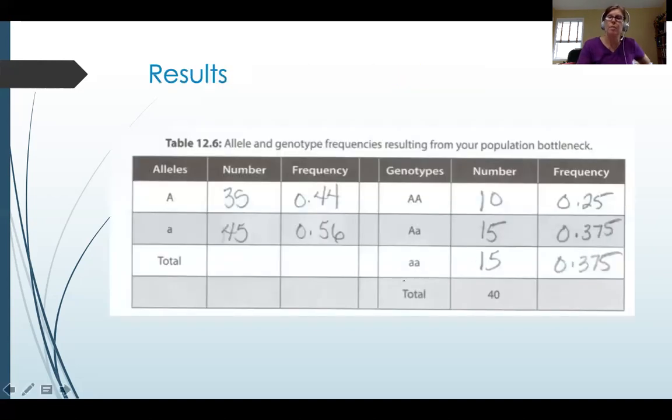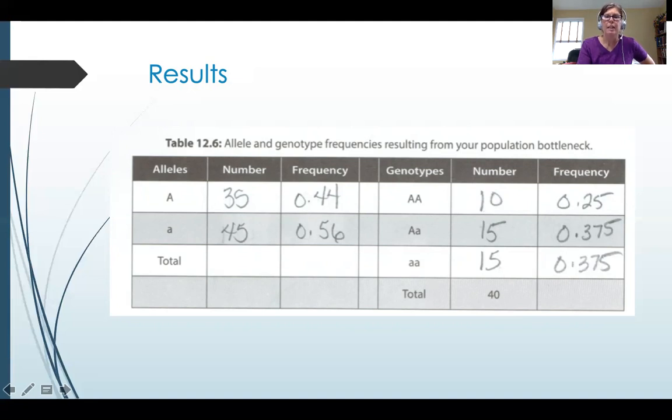So this would be your number. I said when you did it, you got 10 homozygous dominant, 15 heterozygous, and 15 homozygous recessive. So there's your 40, and then I figure out my frequency. I took 10 divided by 40, 0.25, and then 15 divided by 40, 0.375, and then 15 again, 0.375.